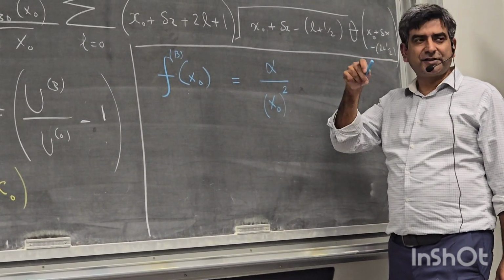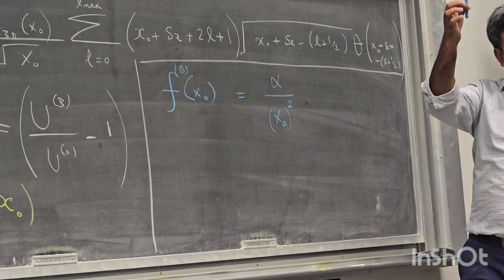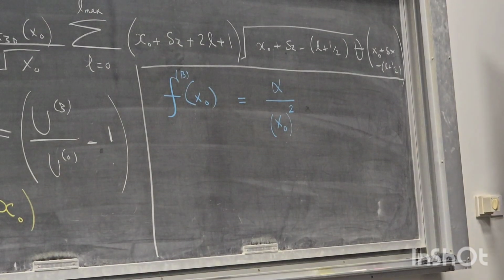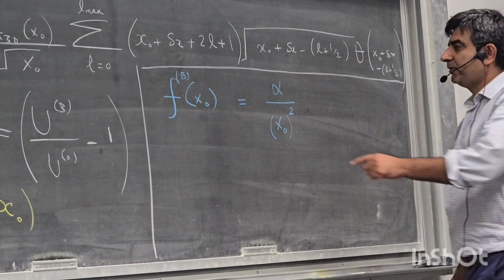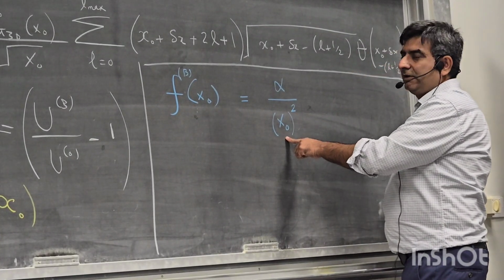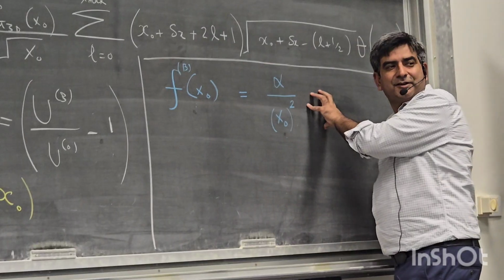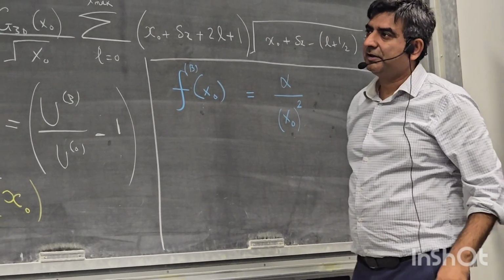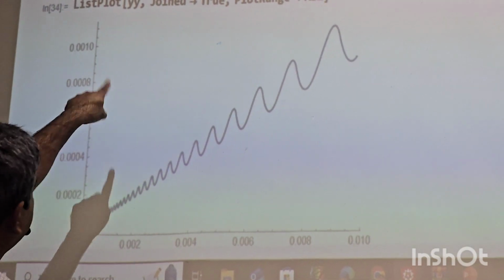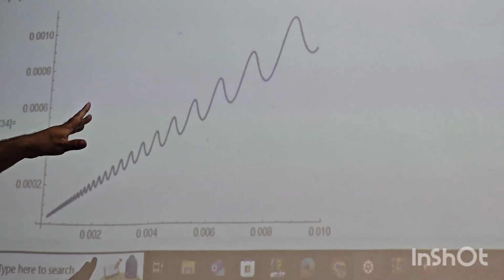Forget the oscillation riding on top of it for the time. You're just looking at that monotonic decaying function. If I make a plot between f and 1 over x naught squared, if I get a straight line, then this is a good candidate. So now I've made a plot between f and 1 over x naught squared, and I get a straight line, a very accurate straight line.